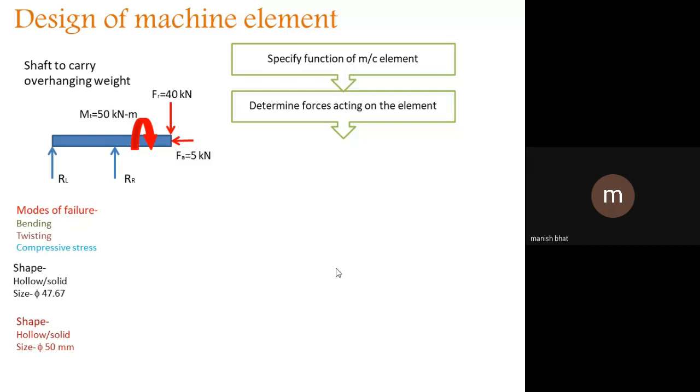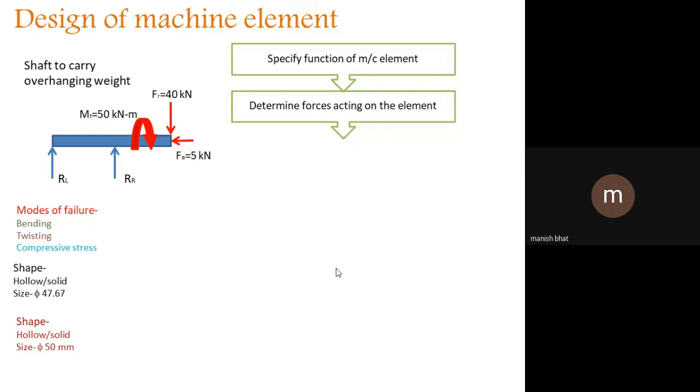So we should not fail in determining the forces acting on an element. All kinds of forces, maybe small or large, we should be in a position to estimate and determine the forces acting on that particular element. We have to think that the shaft is rotating and it is transmitting power.